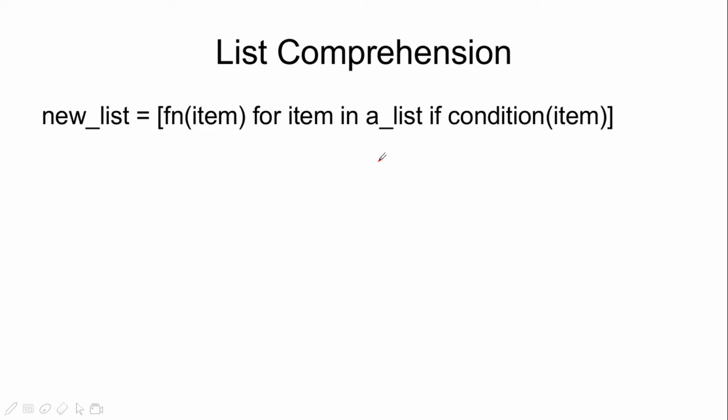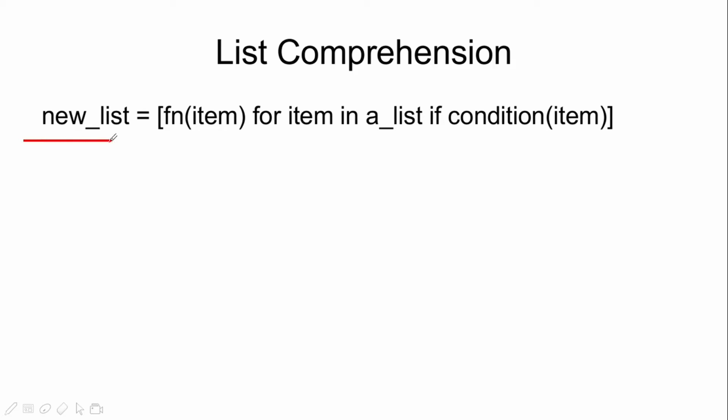List comprehension provides another way to create lists, mostly to make a new list where each element in the list is the result of some operation applied to each member in another list. We will see this in more detail later in the lecture.